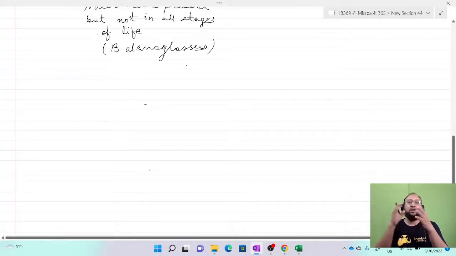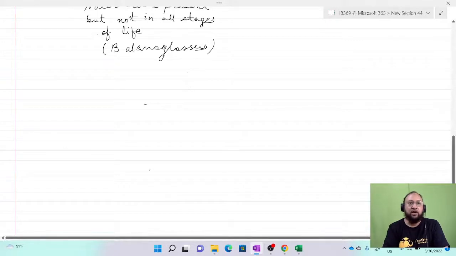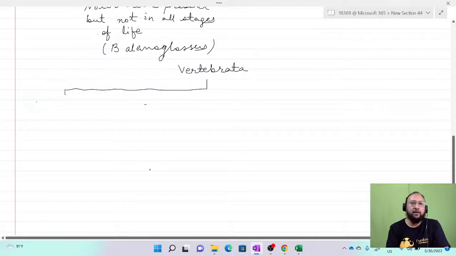Before dividing into classes, there is a division, that means Agnatha and Gnathostomata. You will write that, and this is important to remember. So vertebrates, or Vertebrata, have Agnatha.